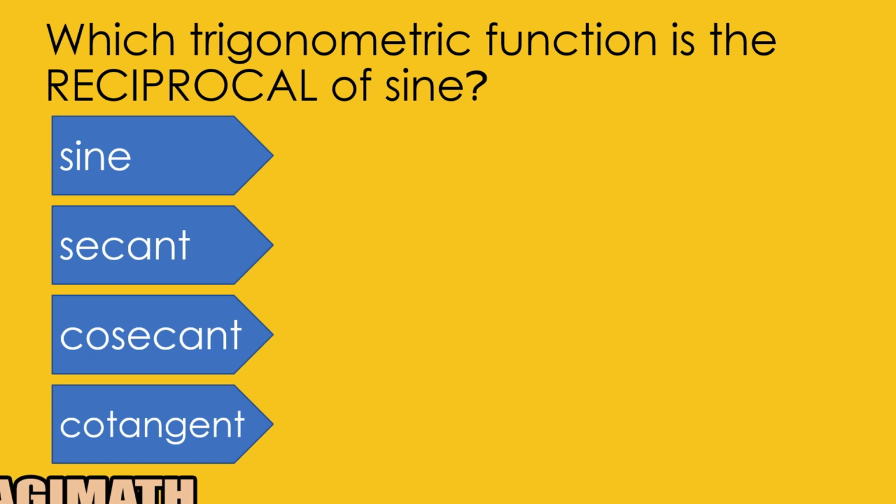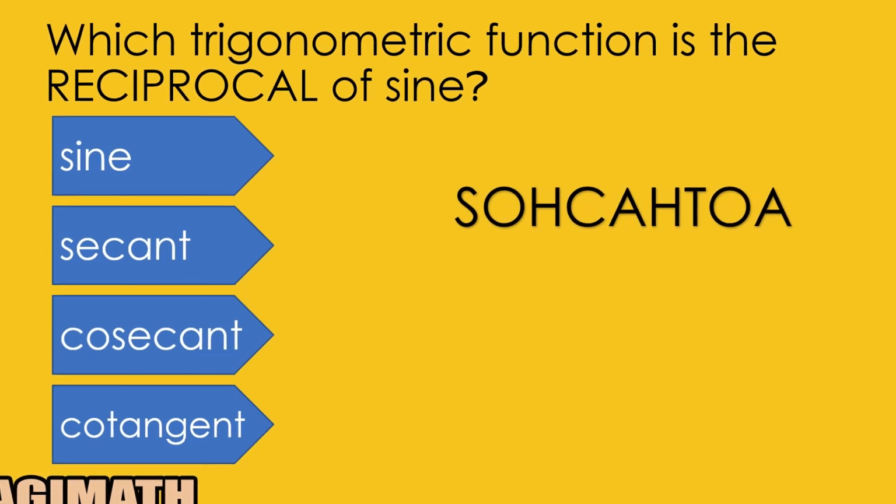So to answer this problem, let us recall Captain SOHCAHTOA, this mnemonic to remember the first three main trigonometric ratios or trigonometric functions. So we have SOHCAHTOA. We are going to divide it into the first three letters, SOH.